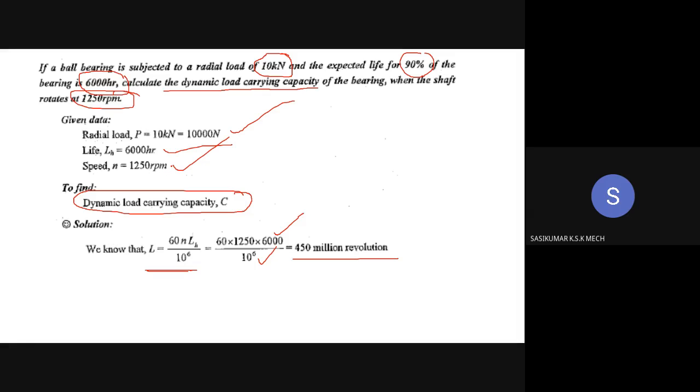So the bearing is rotating at the speed of 1250 rpm, and it is expected to run for 6000 hours. So in terms of million revolutions, it is 450 million revolutions.